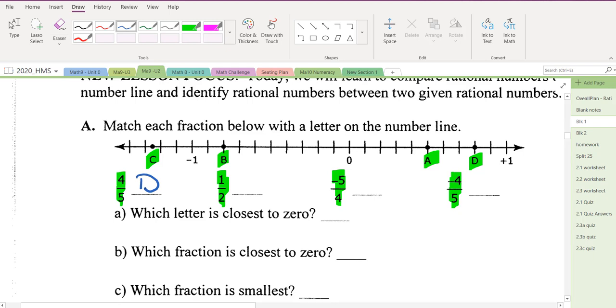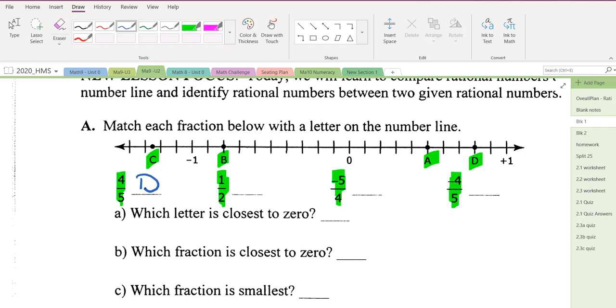Okay, what would be the smallest? Which one would be the farthest to the left? The biggest negative number? David? -5/4. So you're choosing -5/4 versus -4/5. And why did you choose that one? Because in negatives, the bigger the number, the smaller it is. Yeah, the bigger the number, the smaller it is. So now -5/4, since the top number is bigger than the bottom number, this number is bigger than 1.